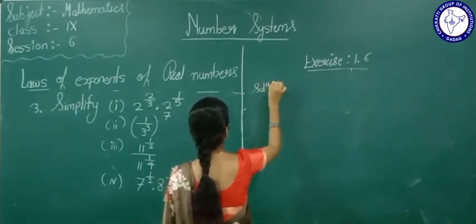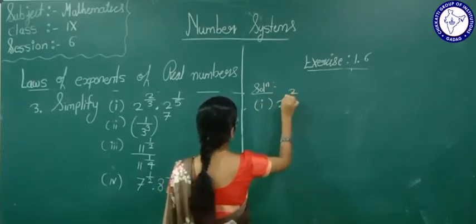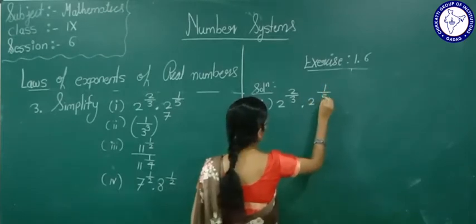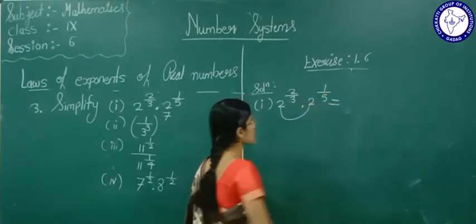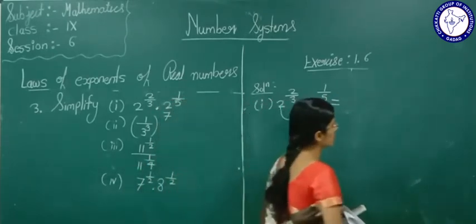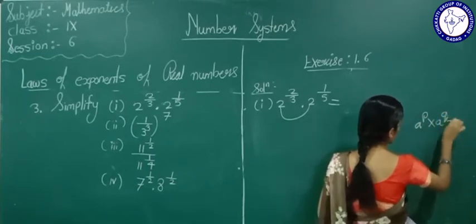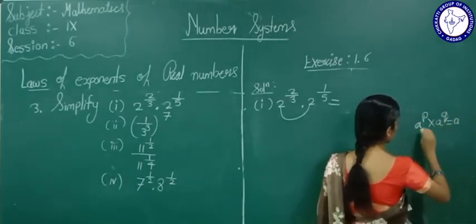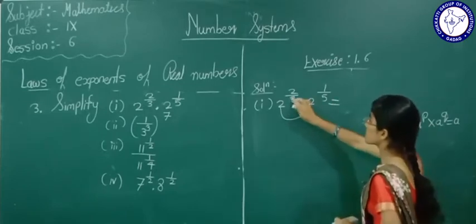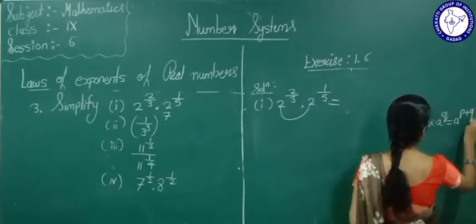Now see a solution. First one, 2 raised to 2 by 3 multiplied by 2 raised to 1 by 5. Now see students, bases are same but exponents are different. Which law here? a raised to p into a raised to q is equal to a raised to p plus q.